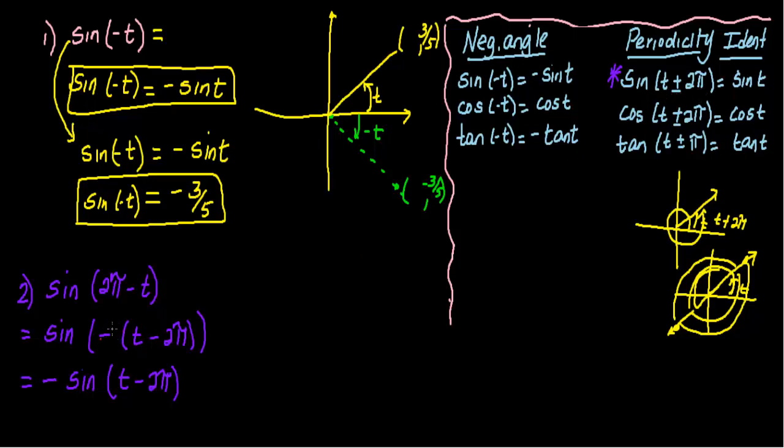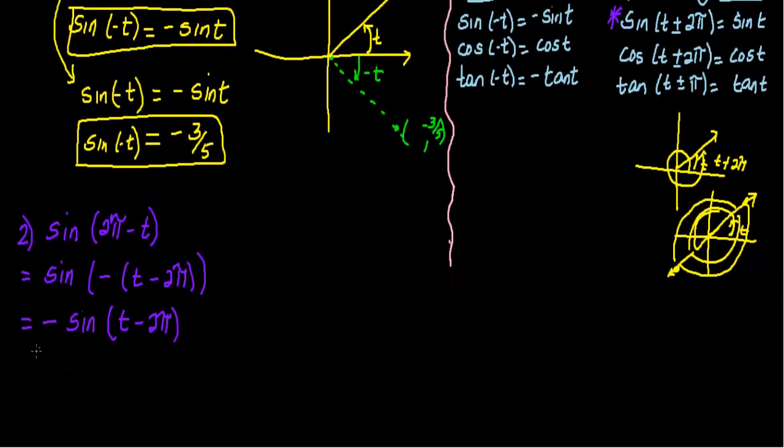Now, once I factored out this negative, this became a sine of a negative angle, and here are my negative angle identities. Here's the sine of the negative angle, and it tells me that the sine of the negative angle has to be equal to the negative of the sine of the angle without the negative. So that's what I wrote, the negative of the sine of the angle without the negative. I hope this doesn't confuse you.